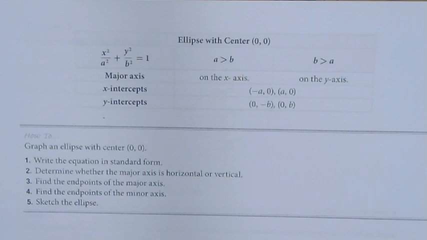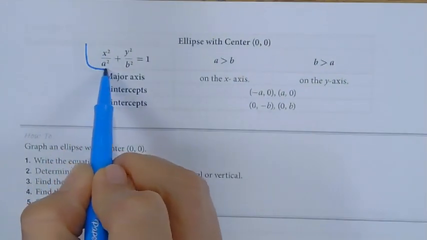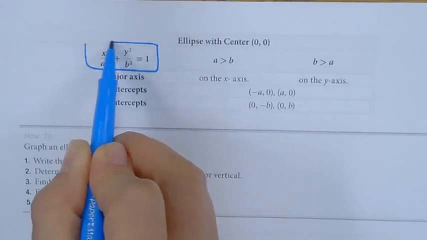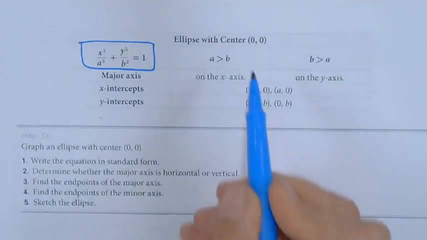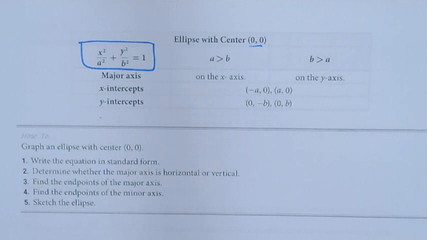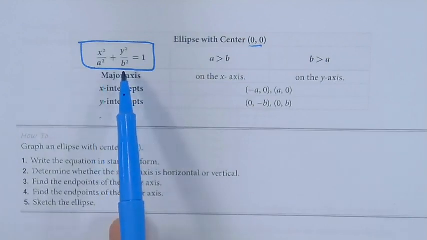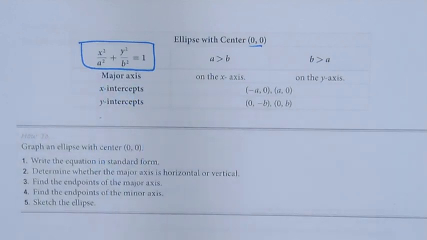Okay, so what we have here now is the equation of an ellipse. And this is when our center is at 0, 0. So this A and B is like representing the lengths of those major and minor axes.